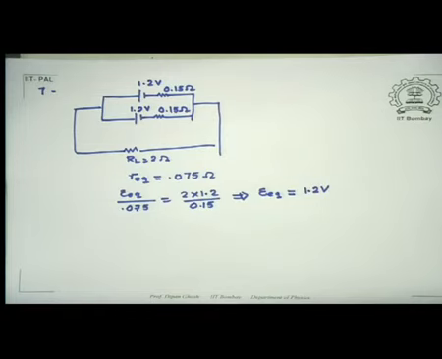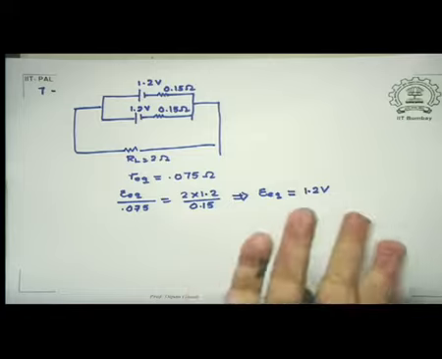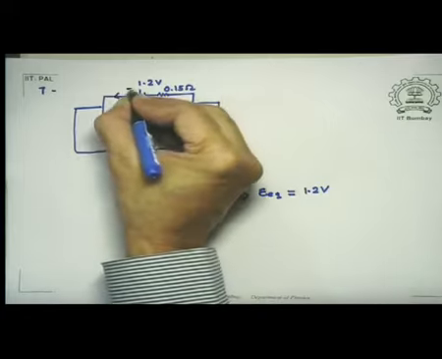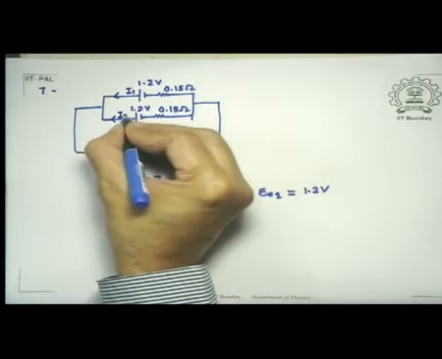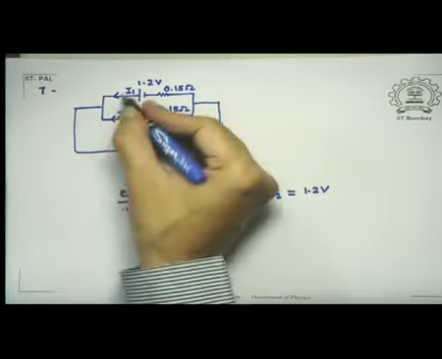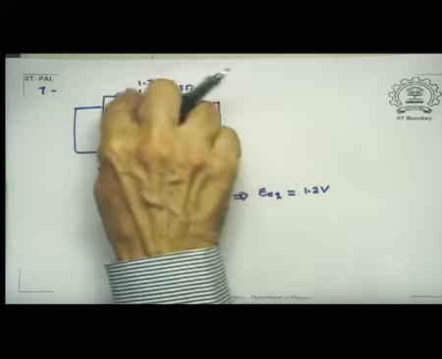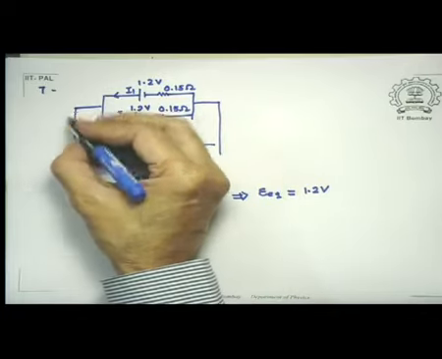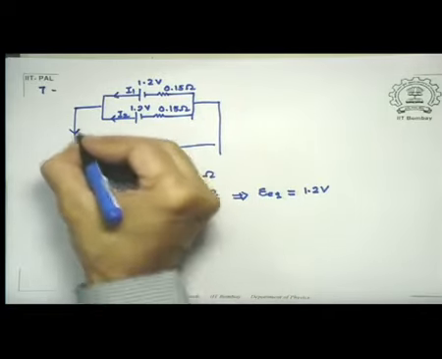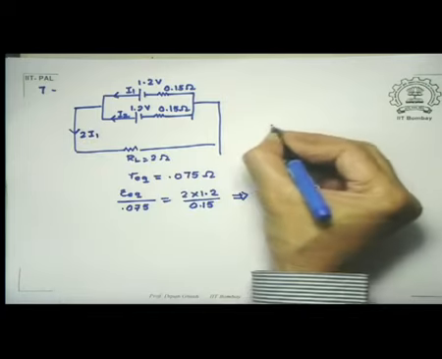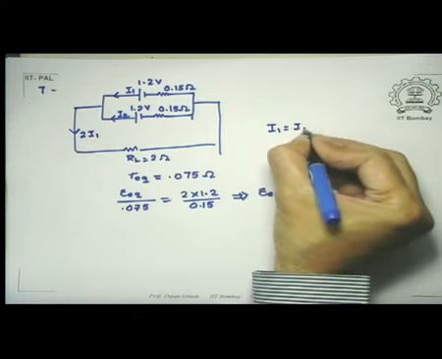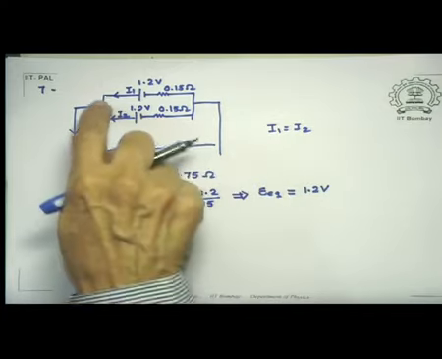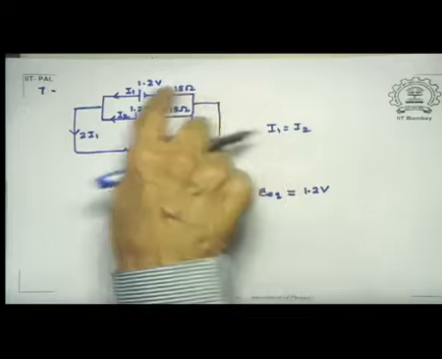You could verify that this indeed is true by realizing that supposing this is I1 and this is I2. By symmetry I1 and I2 must be the same, because this battery combination and this battery combination are identical. So what I get here is a current which is 2I1, because I1 is equal to I2. Let me look at any one of the loops, go along any branch.